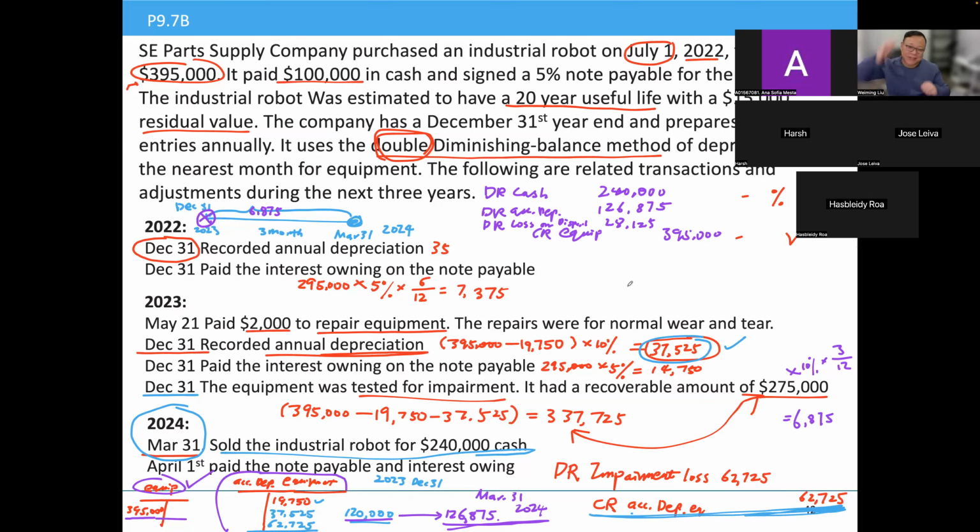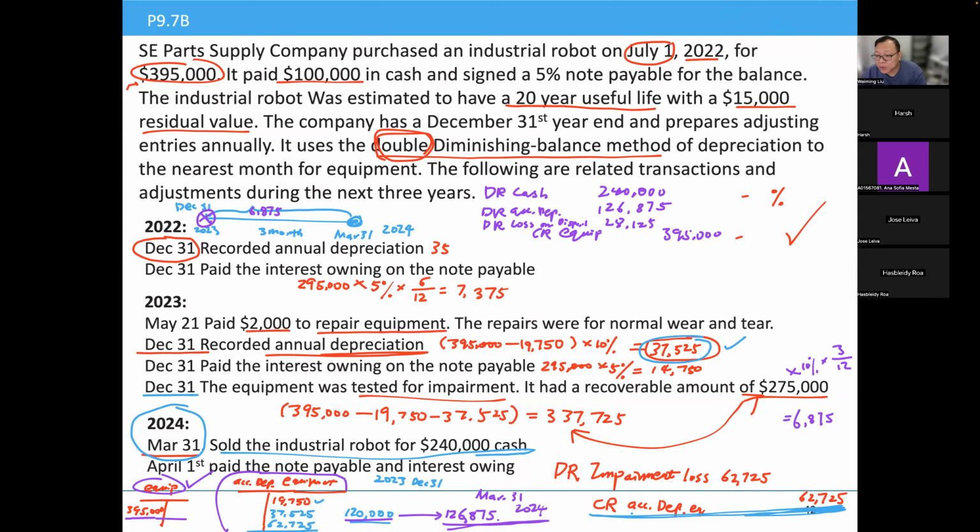We are using this example to show you how depreciation is calculated, whether a partial year or full year, how to calculate carrying amount, and how to use the double diminishing balance method. Does anyone have any question?